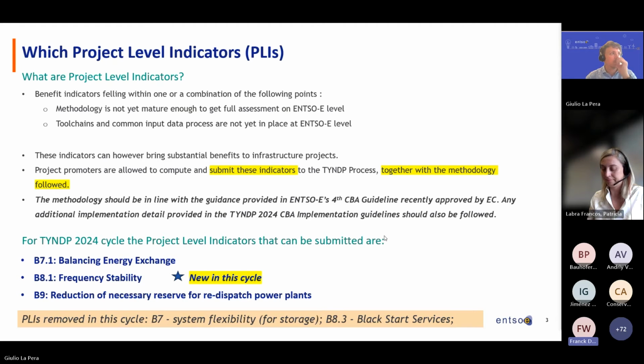So we have, of course, the B71 indicator, namely the balancing energy exchange indicator benefit, which was already there in the previous cycle.